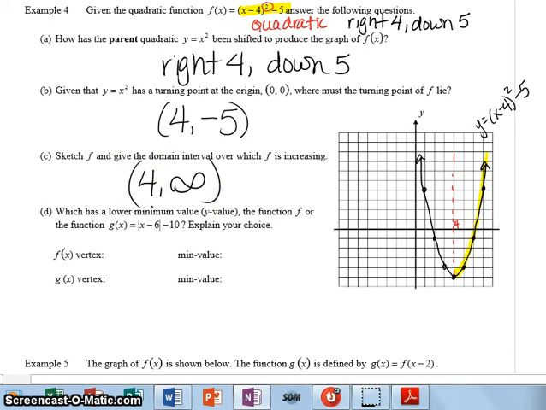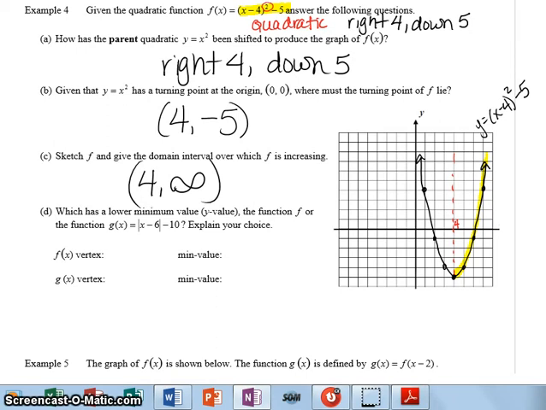All right, part D: which has a lower minimum value, meaning the y value, the function f or the function g, which is the absolute value of (x minus 6), minus 10?